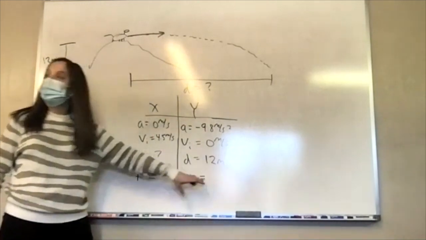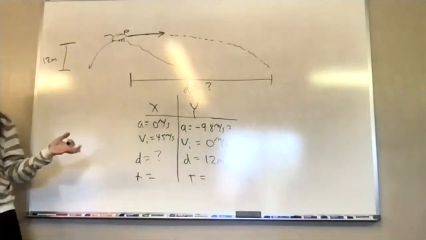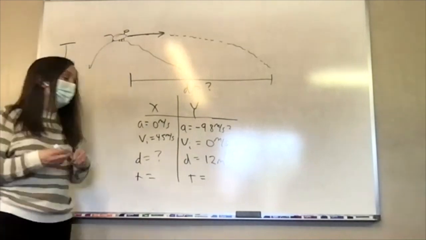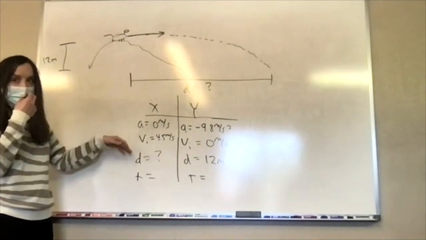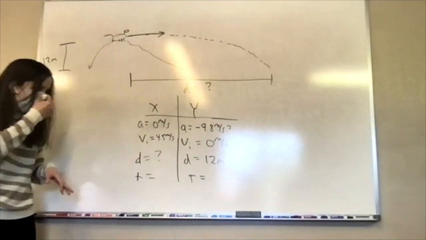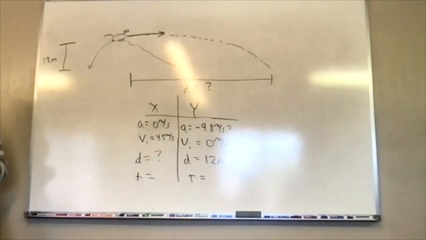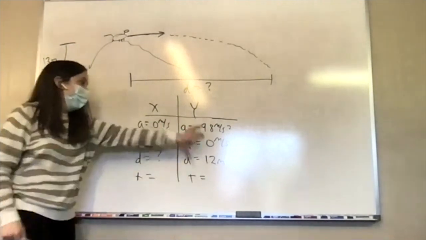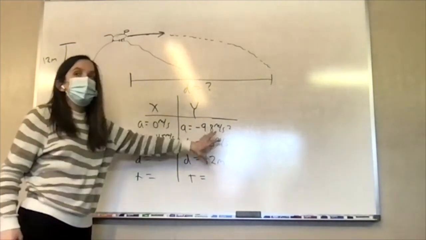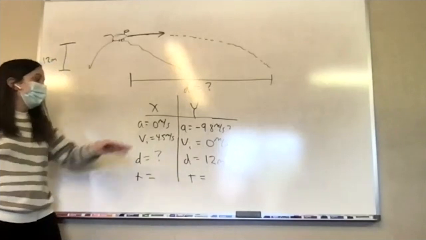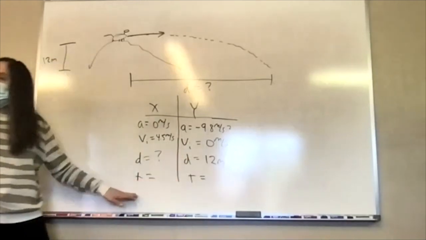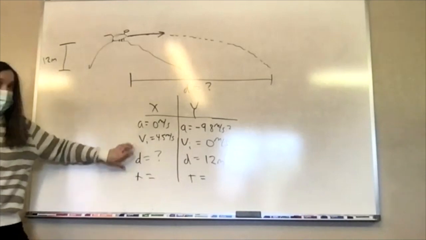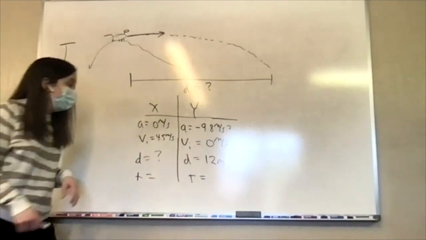So if we know time in the y, we know time in the x. And once we get time, we now would have three known variables in the x. We could then solve for distance in the x. So in a case like this, where we have three variables known, but it's in the wrong dimension, we can use it to solve for time, and time is good for both dimensions. Then we can solve for our unknown that we need, which is distance.